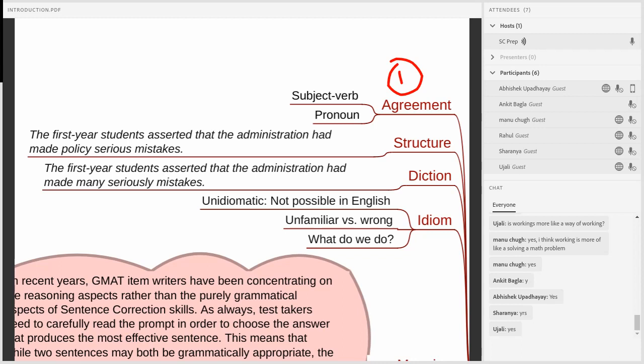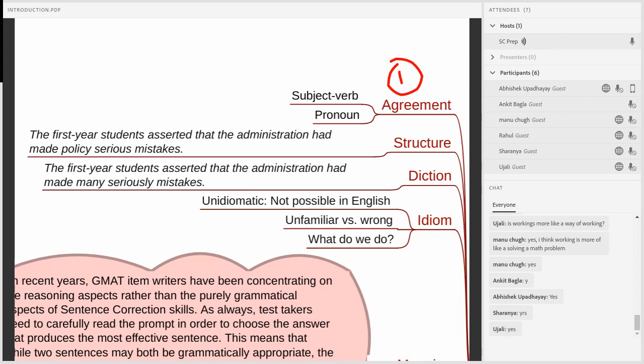Like, if you take the sentence, "The first year students asserted that the administration had made policy serious mistakes." The first example over there. This is a very not well understood thing in English that you have to rely on your ear for.